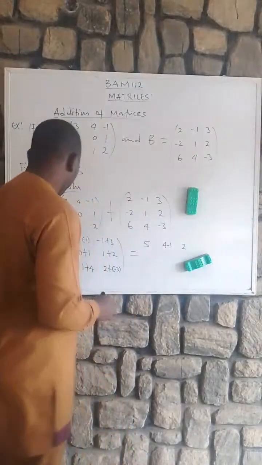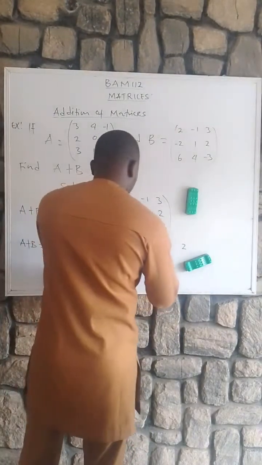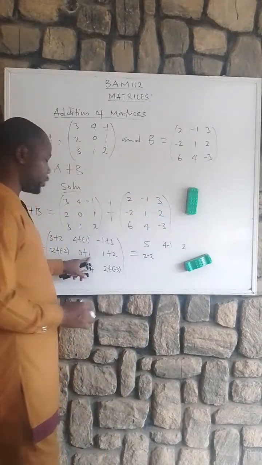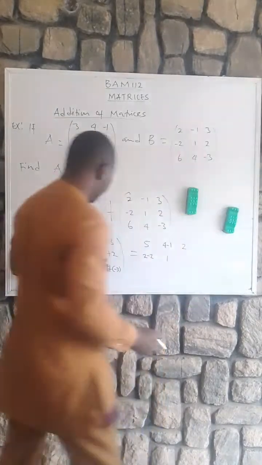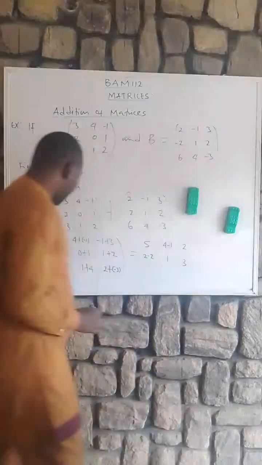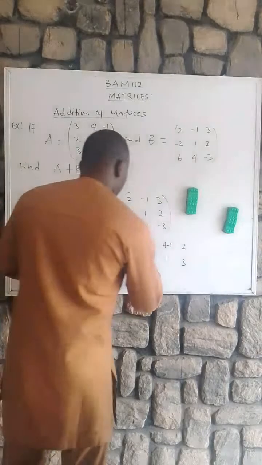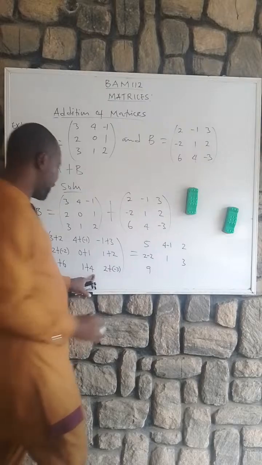Okay. Then here, plus times minus is minus. So 2 minus 2. Then 0 plus 1 is 1, right? And 1 plus 2 is 3, right? Okay, here 3 plus 6, 9. We have 9 here. 1 plus 4 is 5, right?